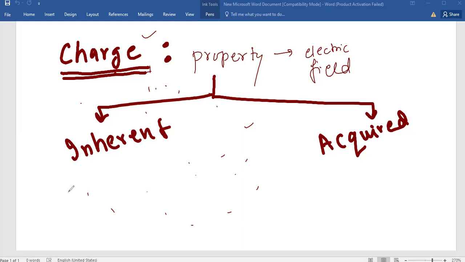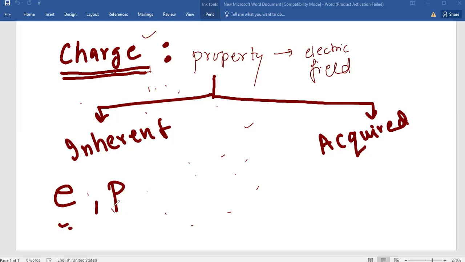Inherent property means there are certain objects which have charge from the time they are born. Nature has already given them a kind of charge. For example, electron has inherent charge. Proton has inherent charge.